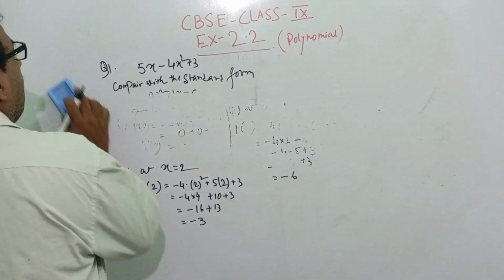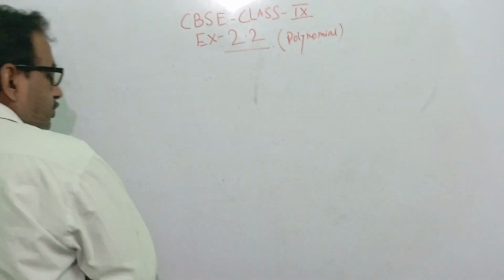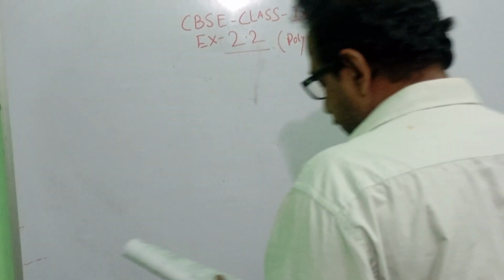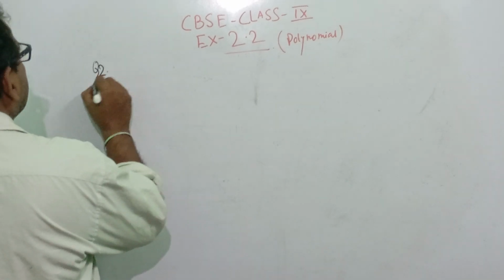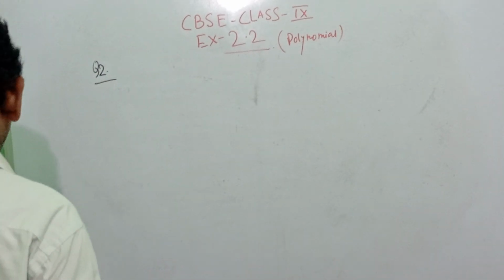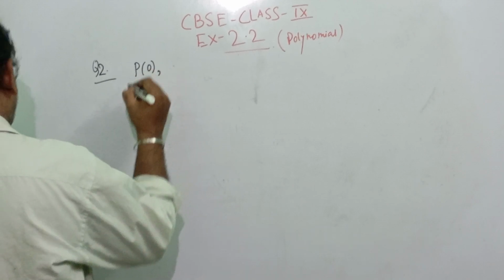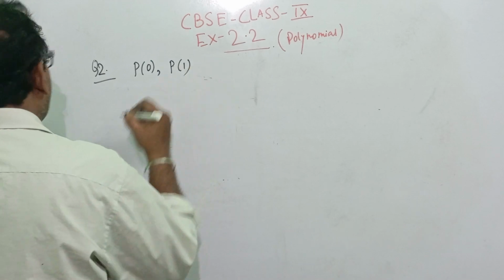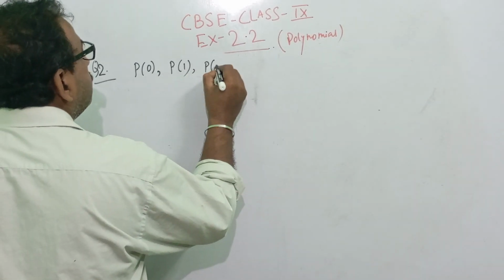Now same as question number 2. Same as question number 2. Supposing that p is equal to 0, p is equal to 1 and p is equal to 2.